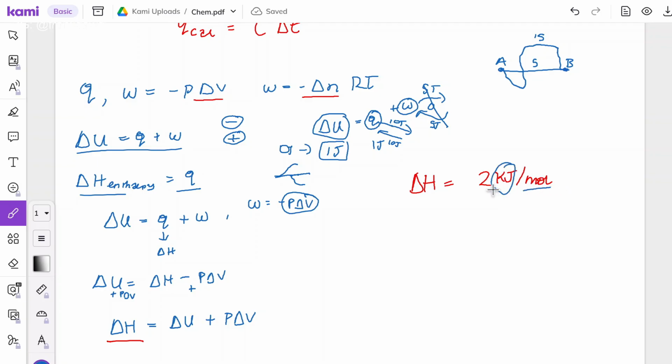So to find the pure energy, you multiply it by, let's say there are 2 moles of a particular substance. You multiply 2 moles of that substance times 2 kJ over moles. The moles cancel out, and you're basically left with 4 kJ, and that's the actual amount of heat for 2 moles of that substance.